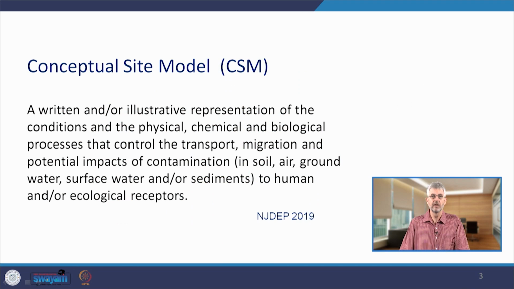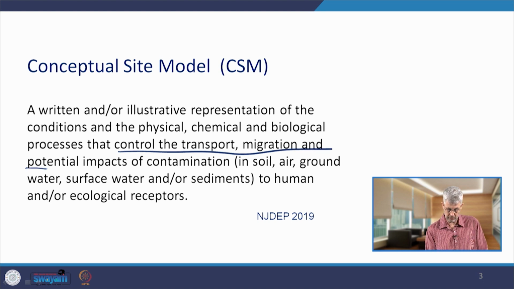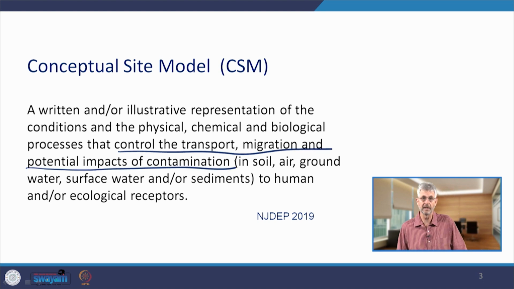So let me begin to define what is a conceptual site model. A CSM, in short, is a written or an illustrative representation of the conditions and the physical, chemical, and biological processes that control the transport, migration, and potential impacts of contamination to the groundwater, to the soil, to the air, to the sediments.